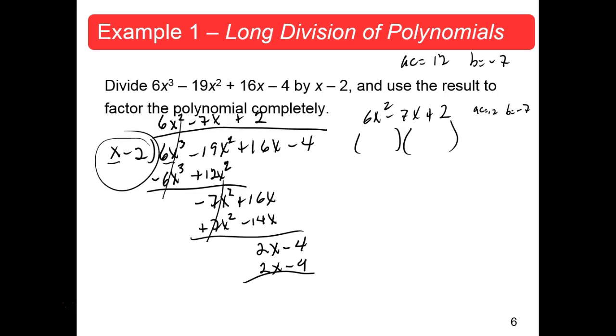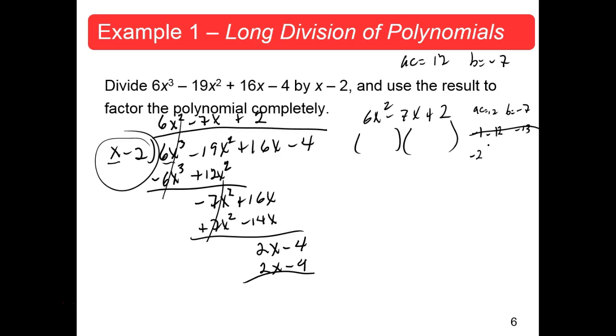So, maybe you can come up with one right off the top, or you might need to do a little work. Both negative, so how about negative 1 times negative 12. That multiplies to be 12, but it adds to be minus 13. So that doesn't work. What's the next one?